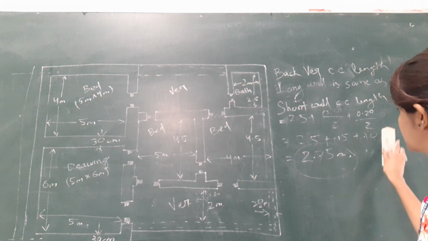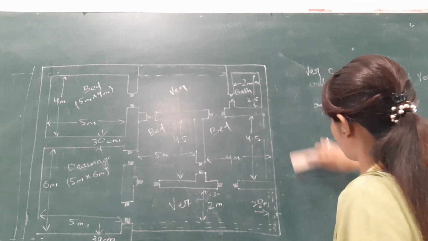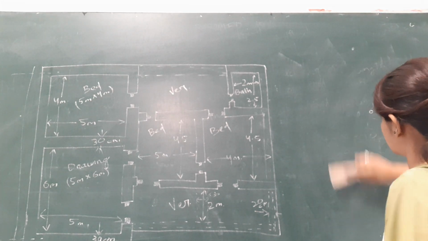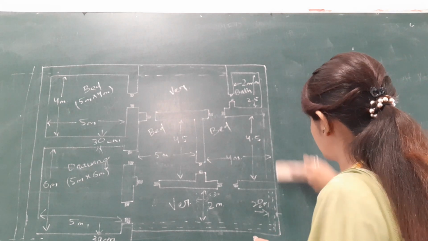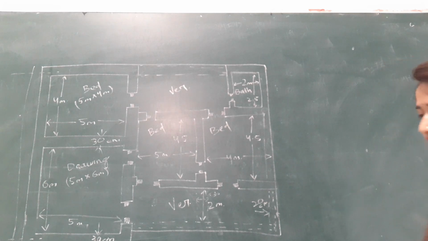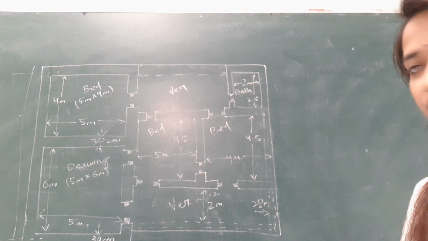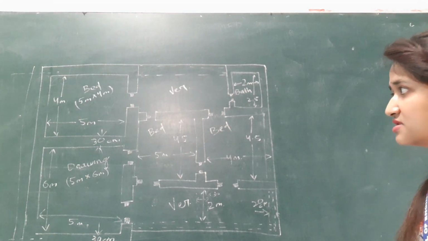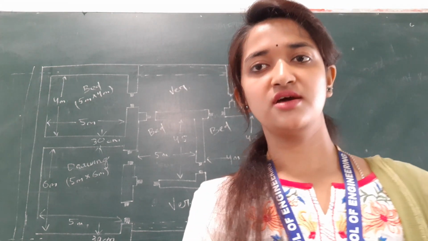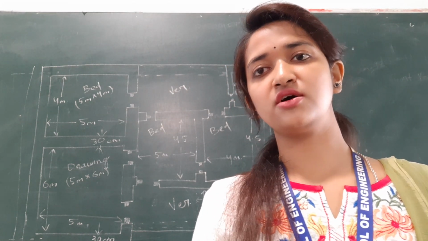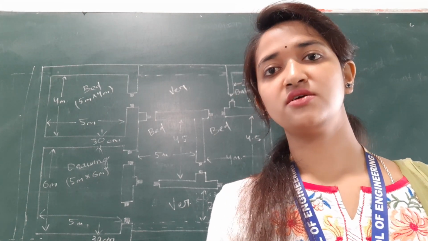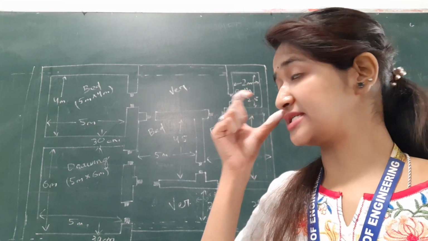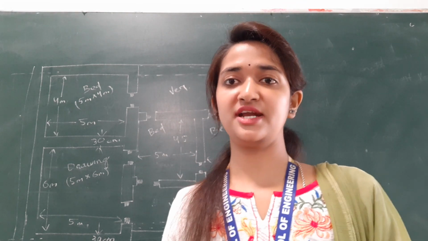Okay, so all the center to center lengths are found out. Okay, next we can calculate the long wall and short wall for each and every section. Okay, for what? For first class, for earth working.